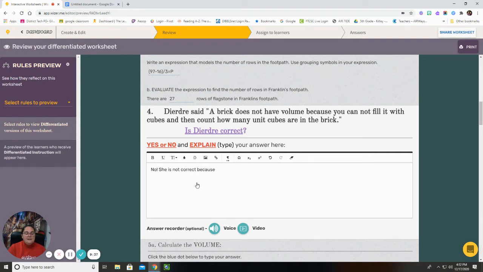because an object has volume if you can measure the length, width, and height. It has volume if it is 3D.